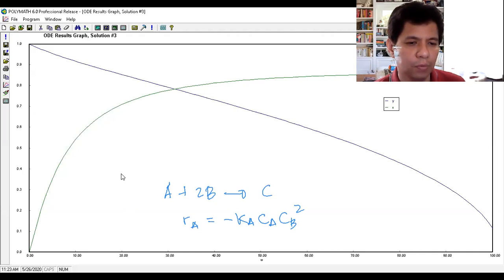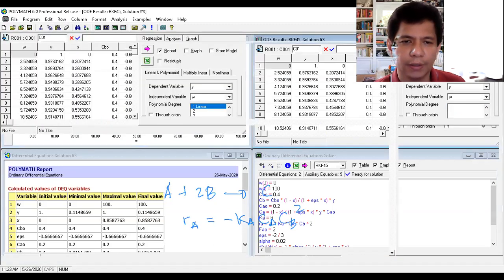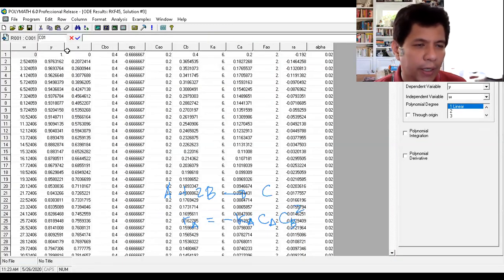Pero syempre, kung gusto mong mas eksakto, you go to the numbers na parang yung data talaga. So, halimbawa, 70% conversion, you go right here. And then find x is equals to 0.7. No? Ito yun. Diba?